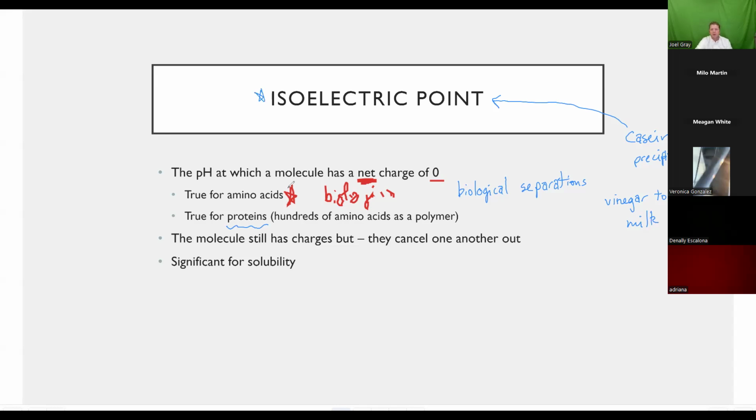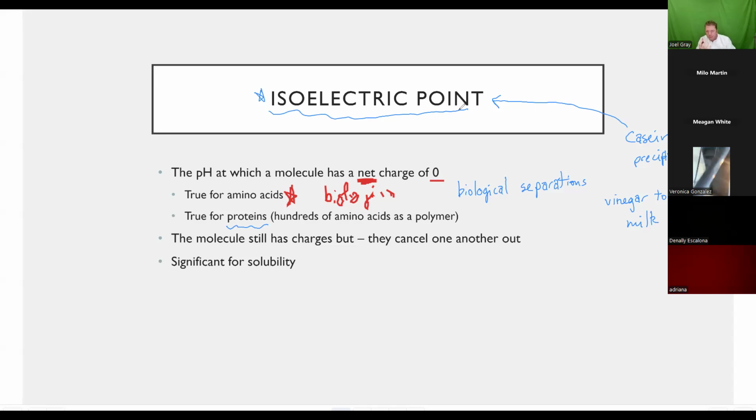So essentially what that means is if you're ever trying to separate a protein from a complex mixture, if you can get that protein to reach its isoelectric point, then that protein's going to precipitate out of solution. And so that makes it super easy for you to remove that thing. Because if you think back to Gen Chem 2, and any other lab period for that matter, one of the important things that you learn about is separations.